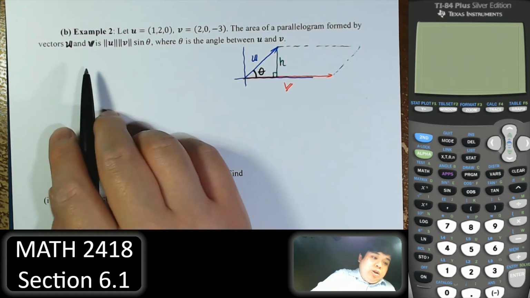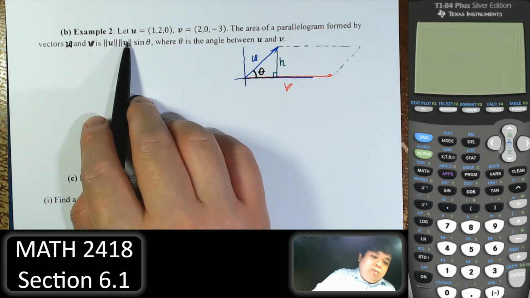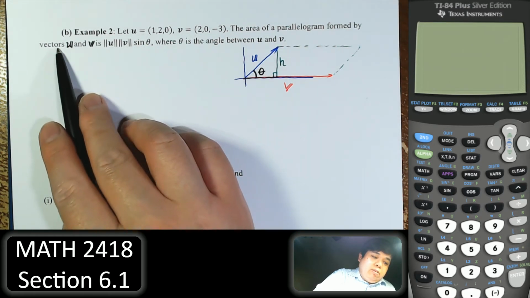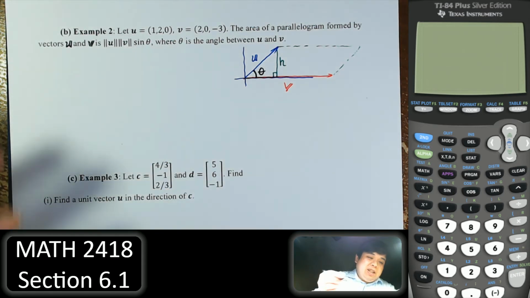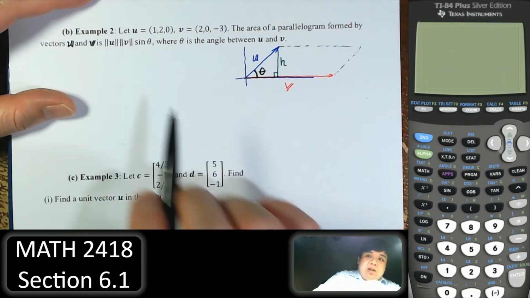So pretty much what we do is find the area formed by two vectors u and v. We're just going to take the dot product, right? Because this is just a dot product.